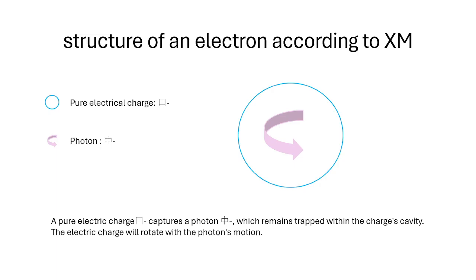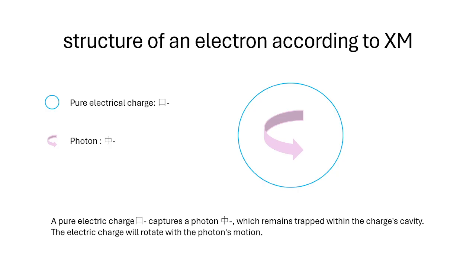A pure electric charge captures a photon, which remains trapped within the charge's cavity. The electric charge will rotate with the photon's motion.